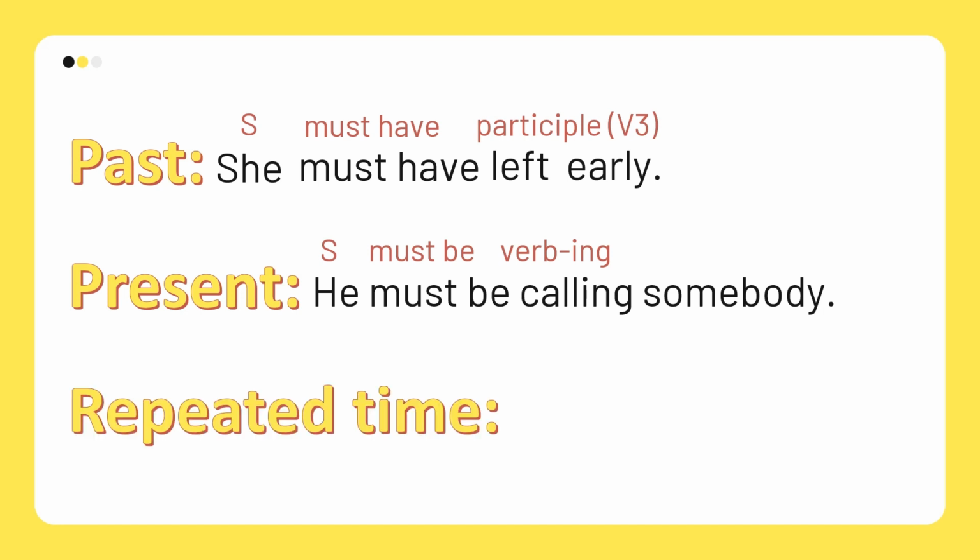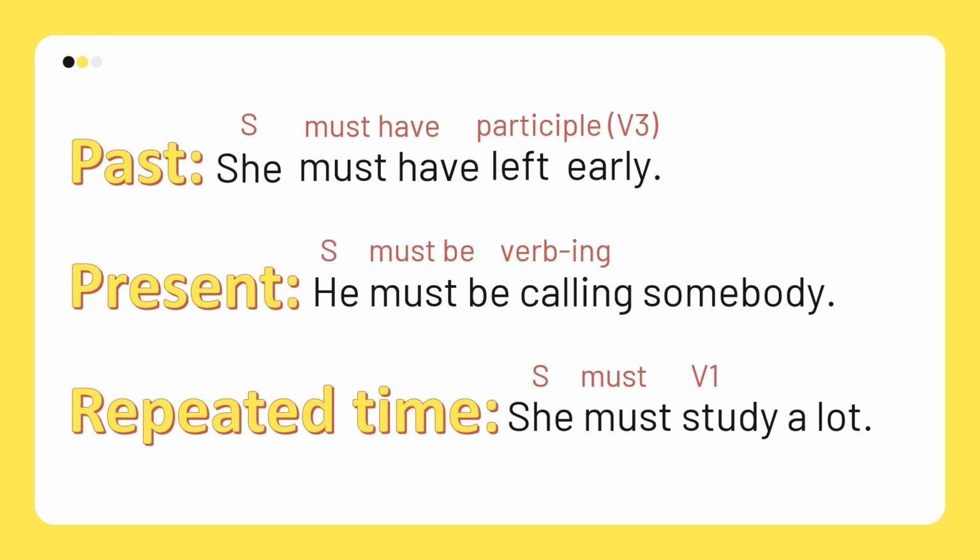The next one. If it's something that repeats again and again, what we can say in here is subject plus must plus verb 1 plus any additional information. Okay, in this case, she must study a lot. So here, pay attention.